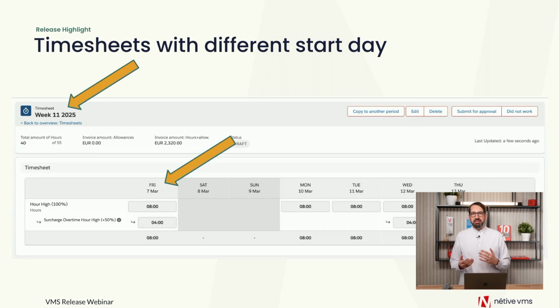So for a user that would see this week starting on a Friday, having their weekend maybe on Wednesday and Thursday at the end of the week, those days could be left empty. The Wednesdays and Thursdays could be left without time to register, for instance. So all of the standard functionality should work, but then starting on a different day of the week.